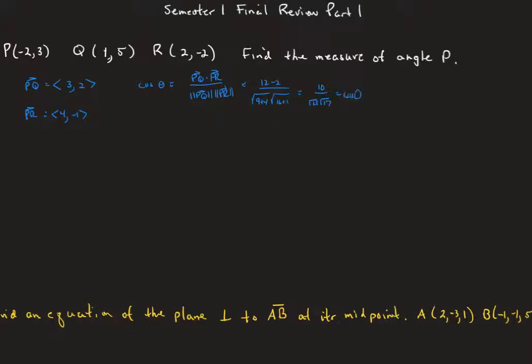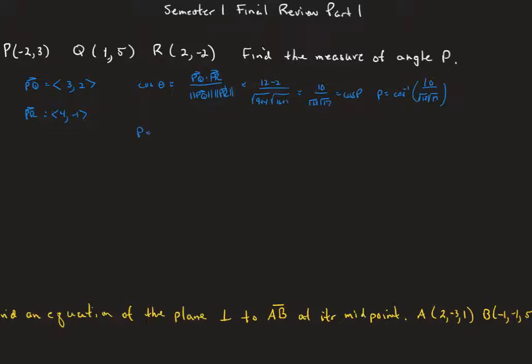Remember, that's the cosine of theta, or in this case we're calling it P, I guess. So the cosine of angle P. So P is going to be the inverse cosine of 10 over the square root of 13 times the square root of 17. I'm going to give this just in degrees.